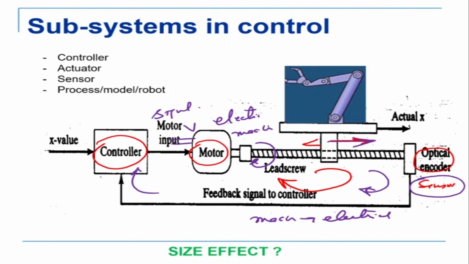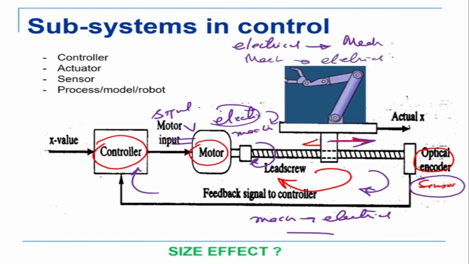And because the actuator is converting electrical signals to mechanical energy, so we have electrical voltage to mechanical rotation, what we need to do is convert this mechanical rotation back into electrical energy again, and that is what the sensor is doing. So in this closed-loop control system, the energy conversion is going on from electrical to mechanical, and then mechanical to electrical again. Okay, so here it's an actuator and here it's a sensor.